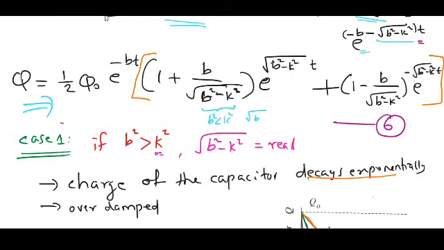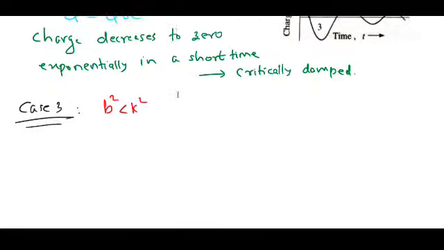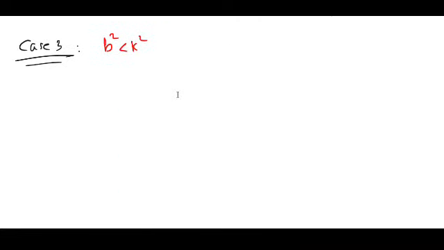That is, we will write root of b square minus k square as imaginary, which means we will write i omega. Here also imaginary, here also imaginary, here also imaginary.